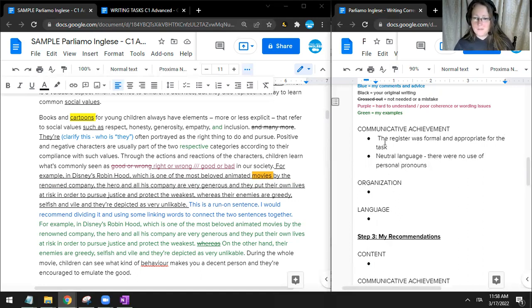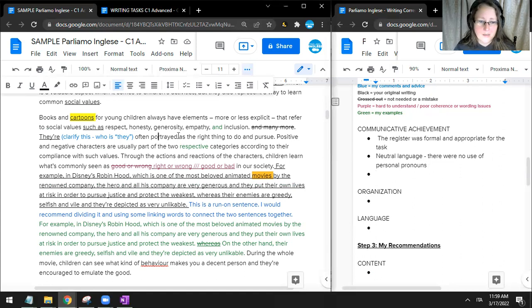For example, reading a lot of these essays, I noticed a lot of people use 'I think' and 'in our society'. Using first person pronouns is typically considered more informal. To make it really formal, we want to get away from that and use more passive language, more general statements and things like that. So you did do a good job using a neutral tone and avoiding those pronouns. However, I will say one thing.